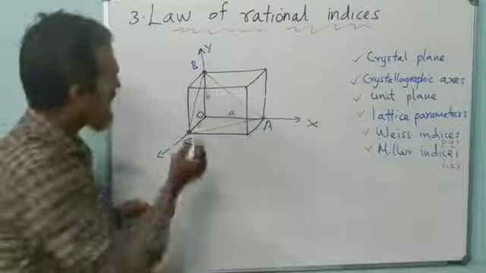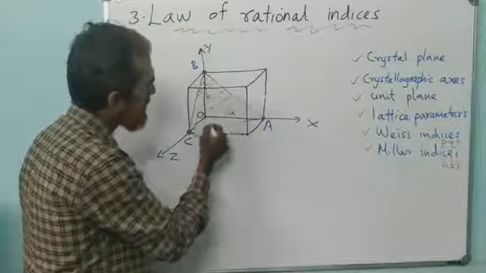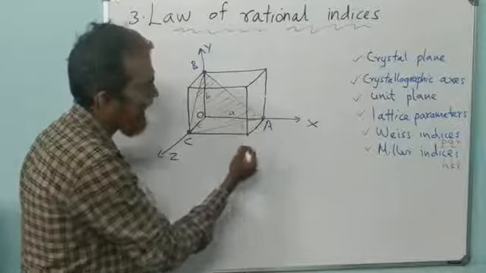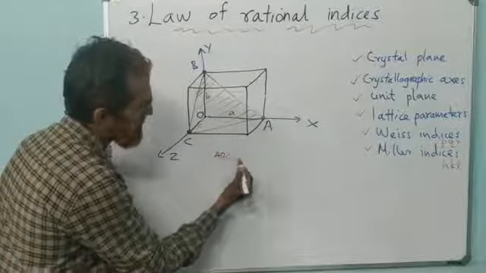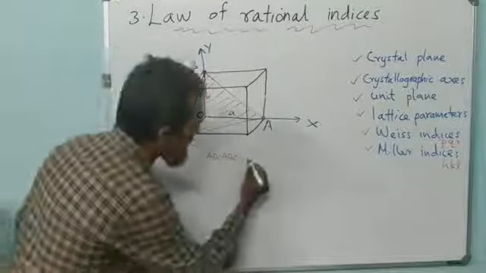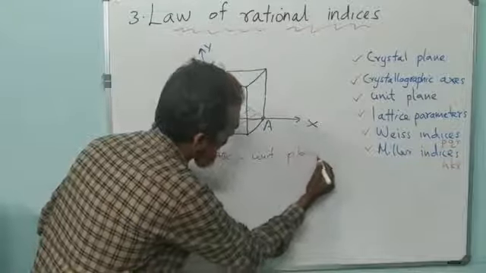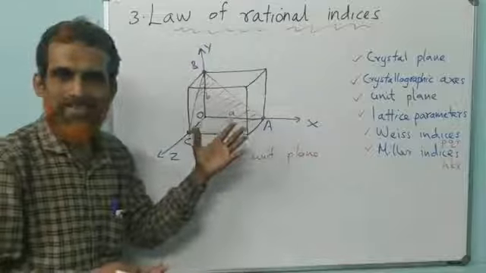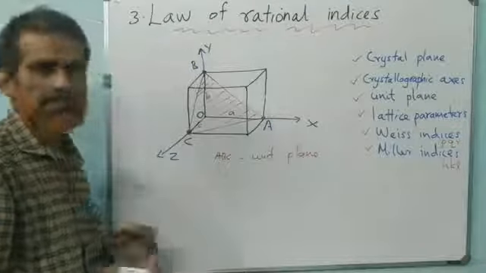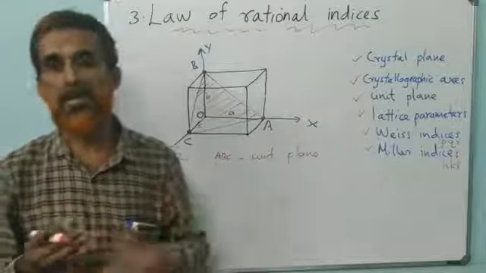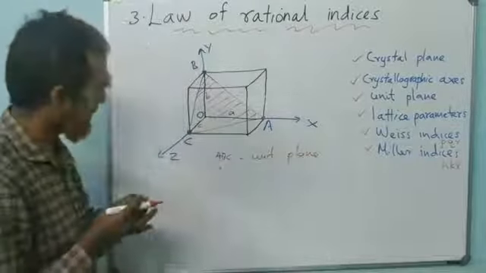So this plane, it's looking like a triangular plane. So this plane ABC is a unit plane. Why? Because this plane you can see is cutting all the three axes, x, y as well as z. This is a unit plane, a crystal plane which intercepts all the crystallographic axes.